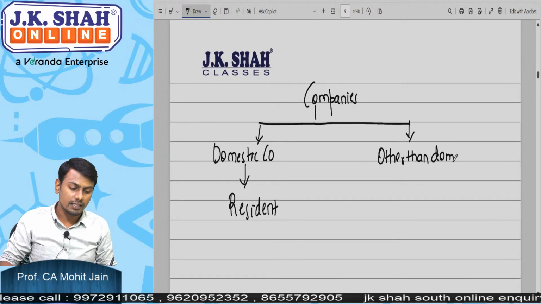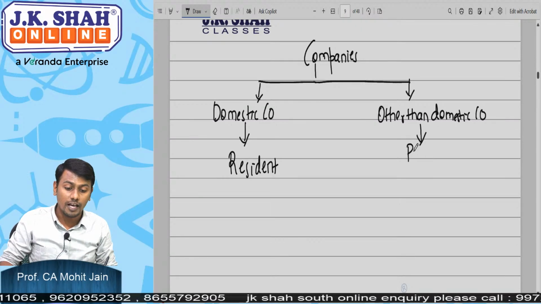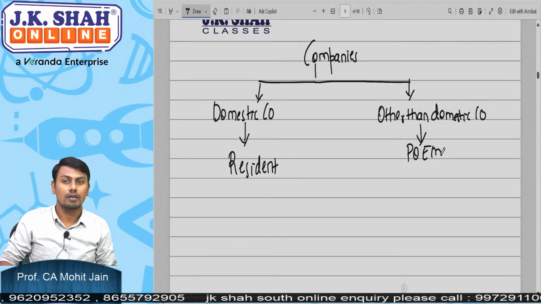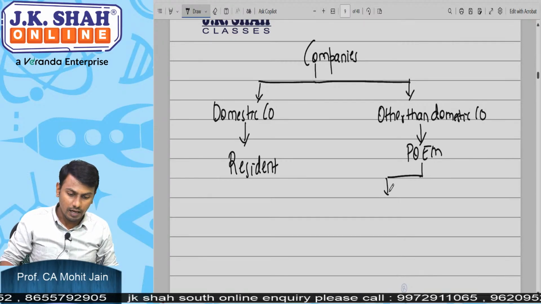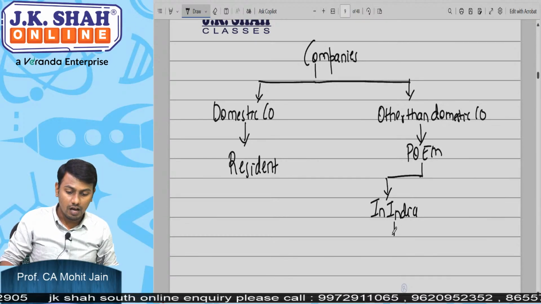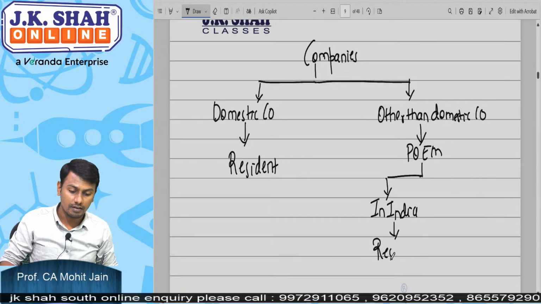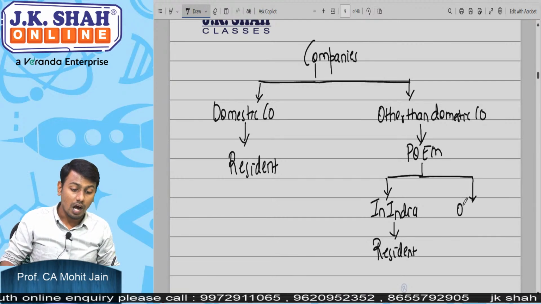if it is other than a domestic company, then it will depend on something called POEM. Something called what? POEM. Is the POEM in India? Then the company will become a resident. Or is the POEM outside India?